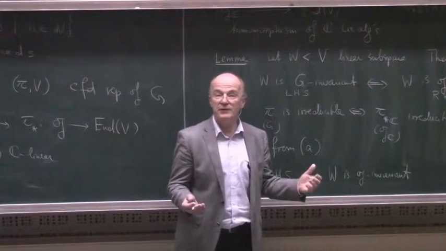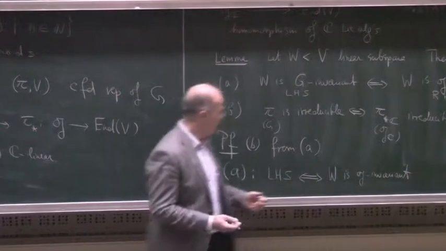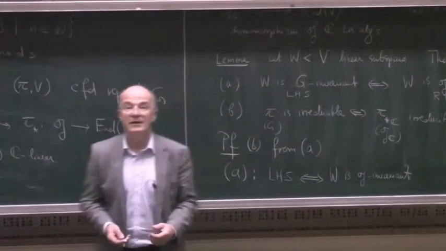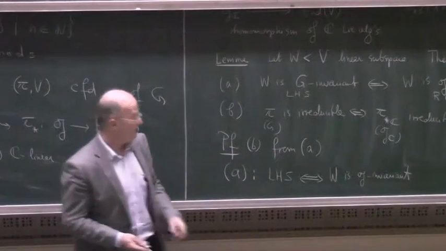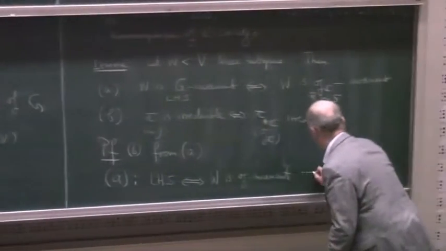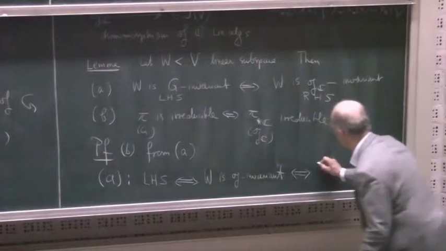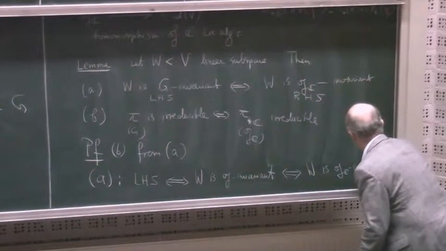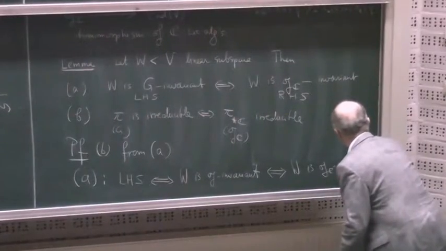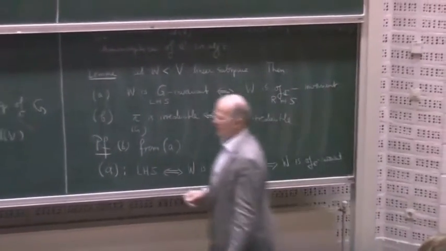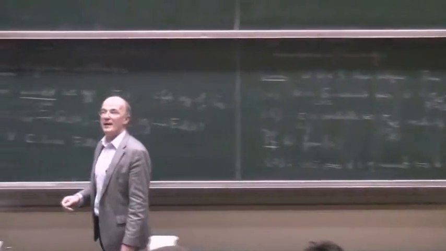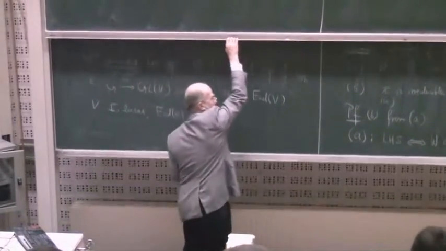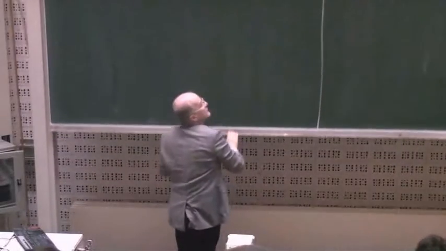And if both the real and imaginary part leave W invariant, then of course the sum also leaves W invariant. So this is quite obvious. W is GC invariant. So basically it's using our old techniques combined with complex linear extension. Okay.